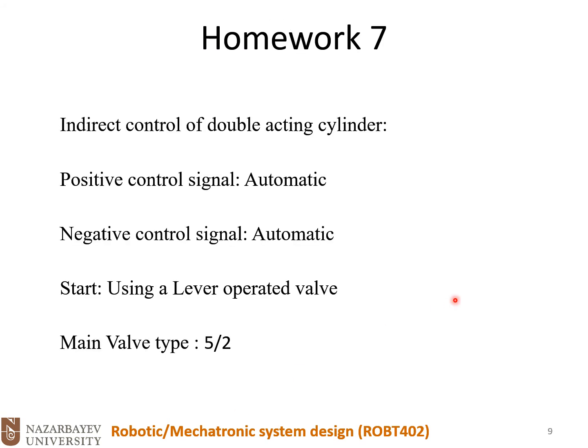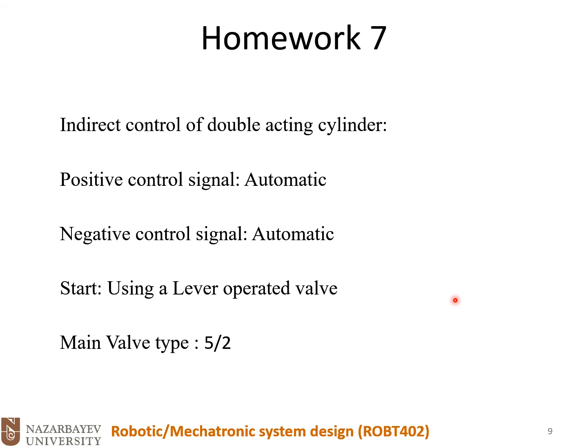The next homework, homework 7, is about indirect control of double acting cylinder. Very similar to the previous ones. Positive control signal automatic, negative control signal automatic. However, we want to be able to stop and start this automatic motion, okay?